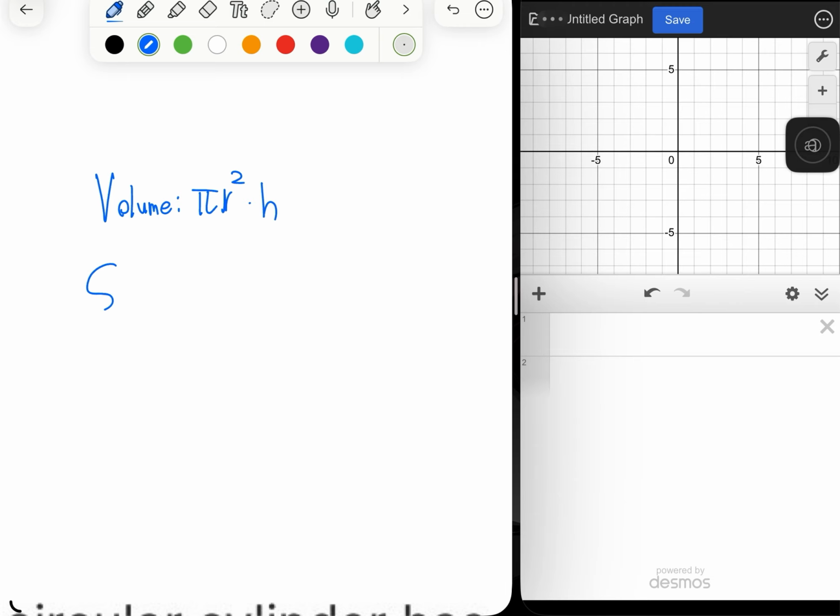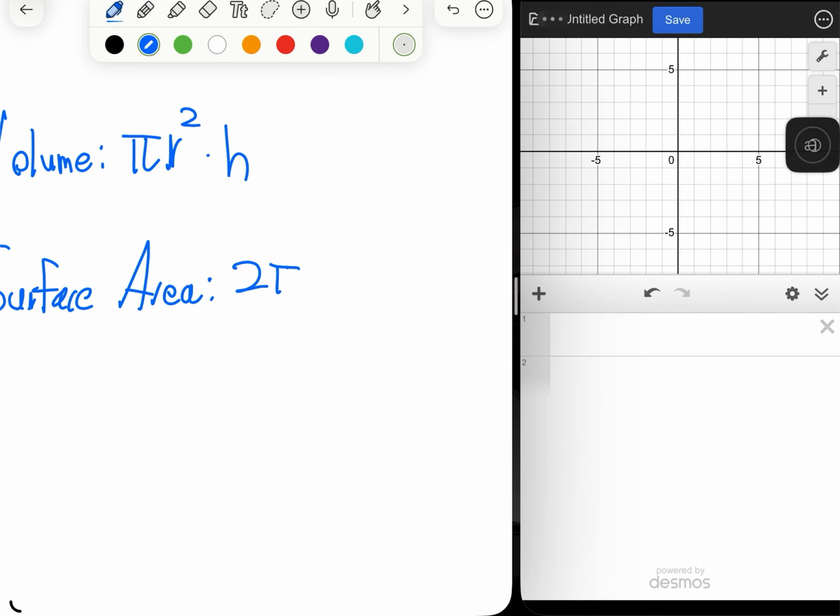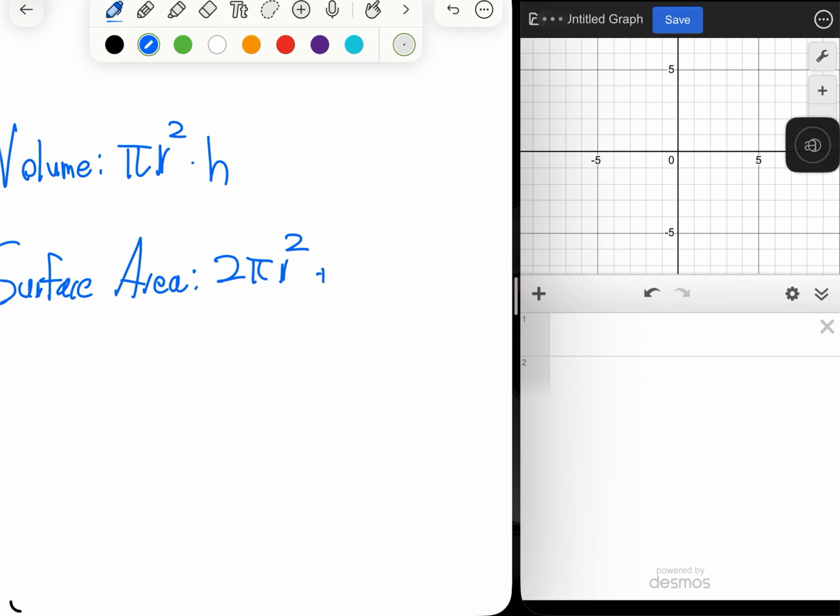And then the surface area, again for a cylinder, it says it includes both circular bases. So if the area of one base is pi r squared, then the area of two bases is 2 pi r squared. And of course, we also have to add 2 pi r h.